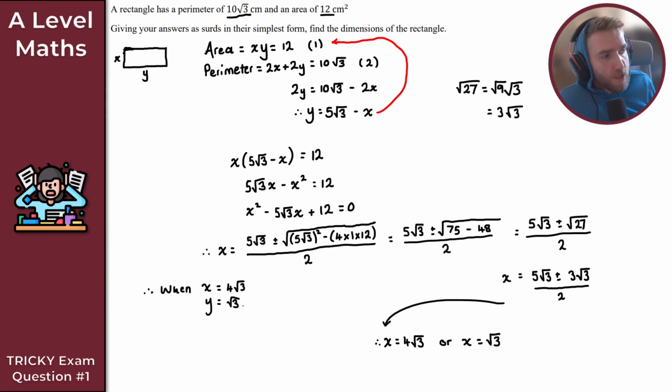And then hopefully you can spot what's going to happen here then with the other x solution. So when x equals root 3, in that case then y is equal to, so we get 5 root 3 minus root 3, which just gives us 4 root 3.